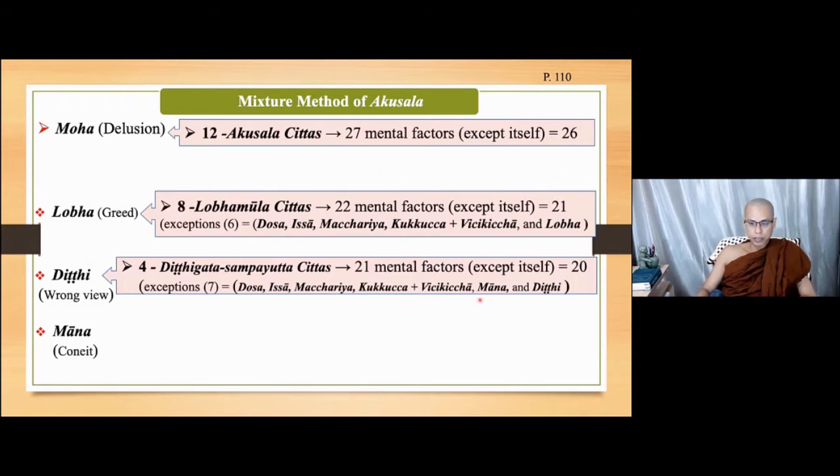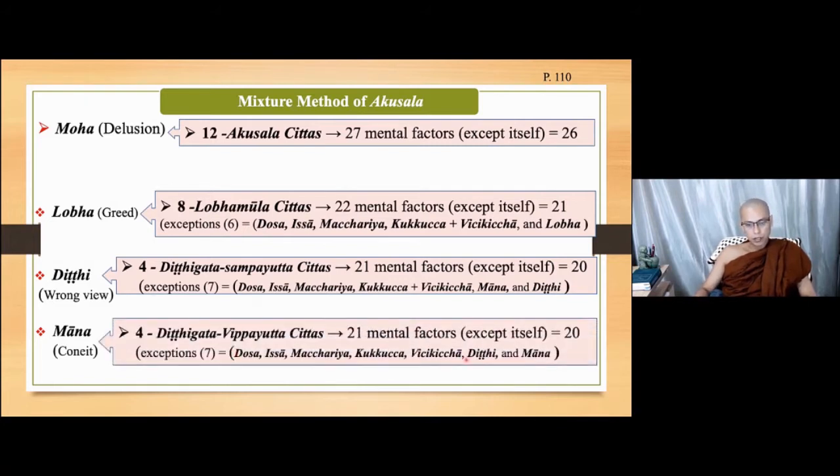So Mana also becomes an exception, and also Ditthi itself. So 7 become exceptions. Then for Mana, the same method. Instead of Mana, Ditthi is the exception. Then Mana, including Mana, 7, the same number.